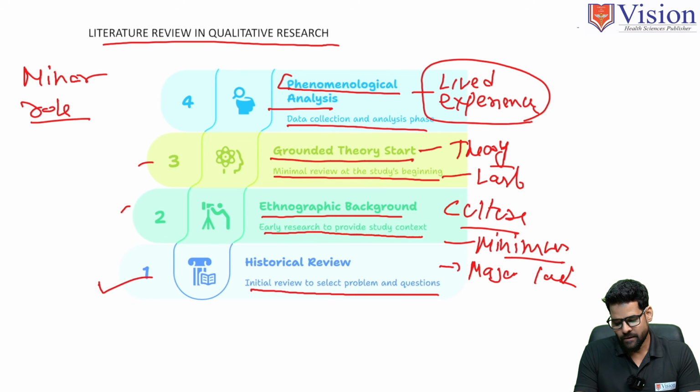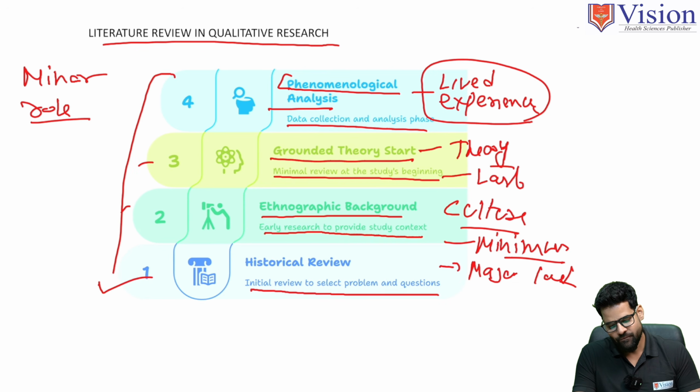So whenever you do phenomenological research, you have to break out all your biases and thoughts about the phenomenon before conducting data collection. You have to be like a blank paper.